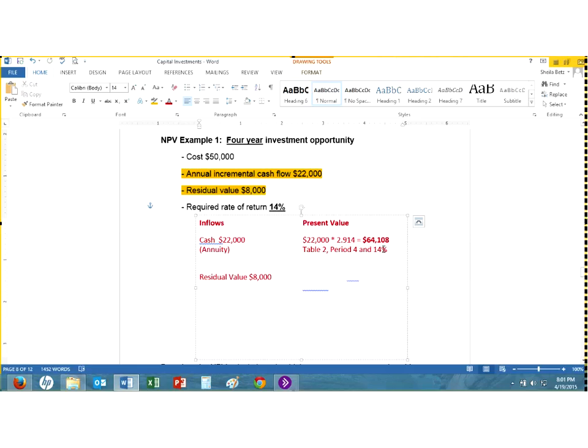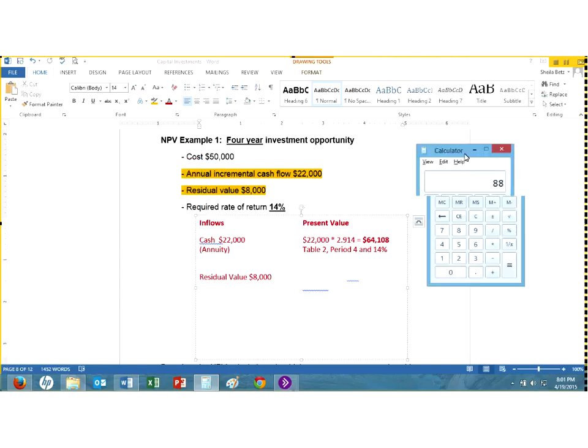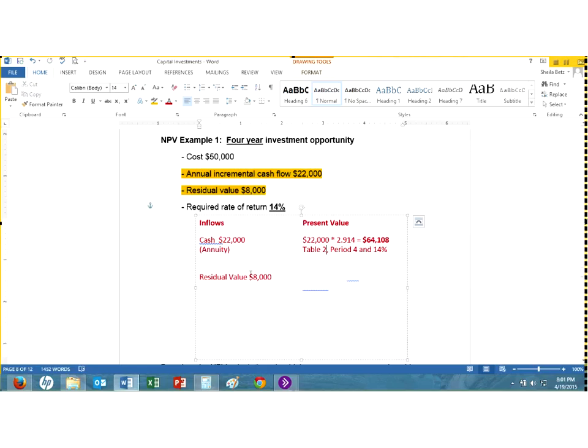So that $22,000, that's going to happen for the next 4 years. So write $22,000 in over 4 years is a total of $88,000. So that total of $88,000 we're going to receive in the future is worth today at $64,108.